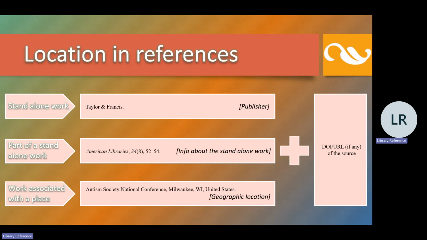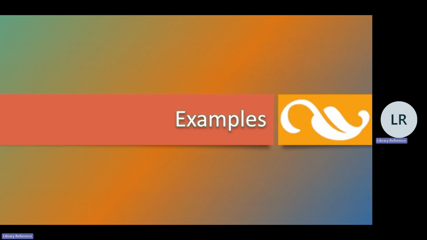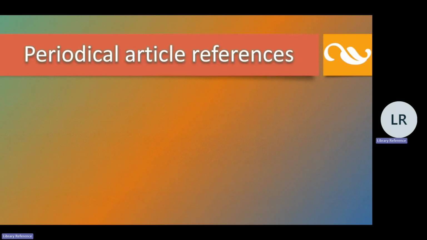So the DOI stands for Digital Object Identifier, and APA prefers DOIs over URLs whenever they are available because they are permanent and never change. Okay, we will have the opportunity to see what the DOI looks like in the examples that follow. So let's start with our examples.